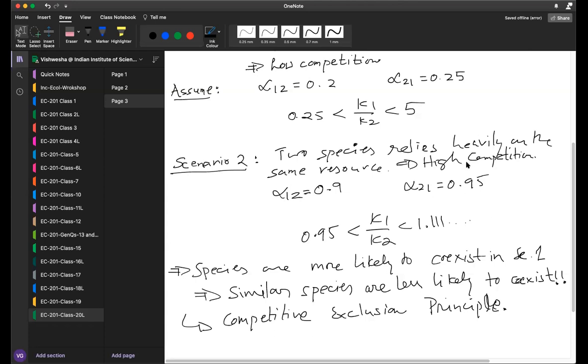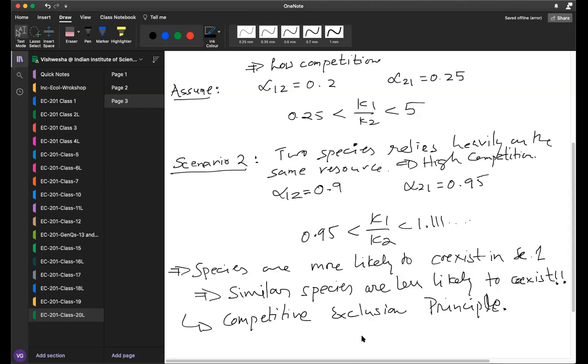So the ecological regimes over which they can coexist. Okay. So you mean similar species here implies high competition then? Similar species will mean, they are using the same, that's the way I'm defining here. Or you can think of the following, if two species are relying, exactly what I wrote in the beginning here, relies heavily on the same resource, there will be high competition, therefore less likely chances of coexistence.